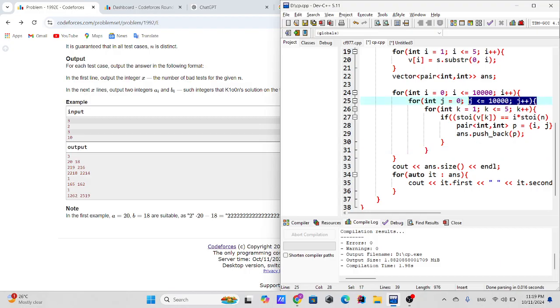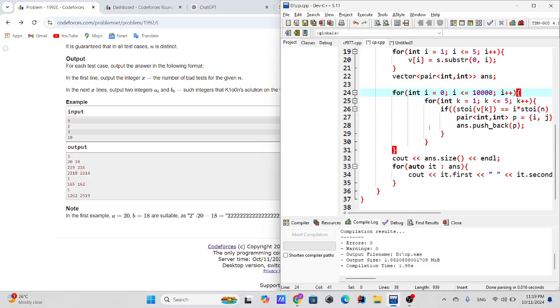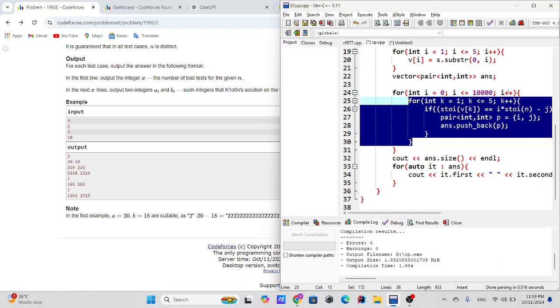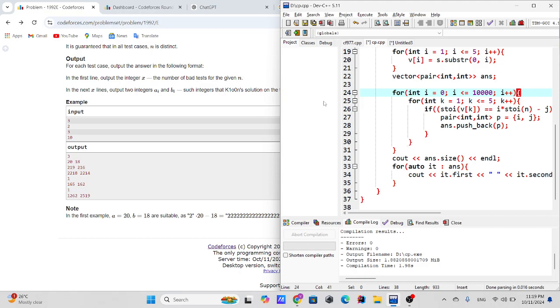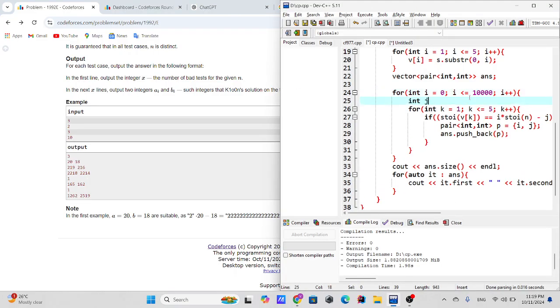What will J be? What will J be? J will be what? Nah, I think J will be inside here.